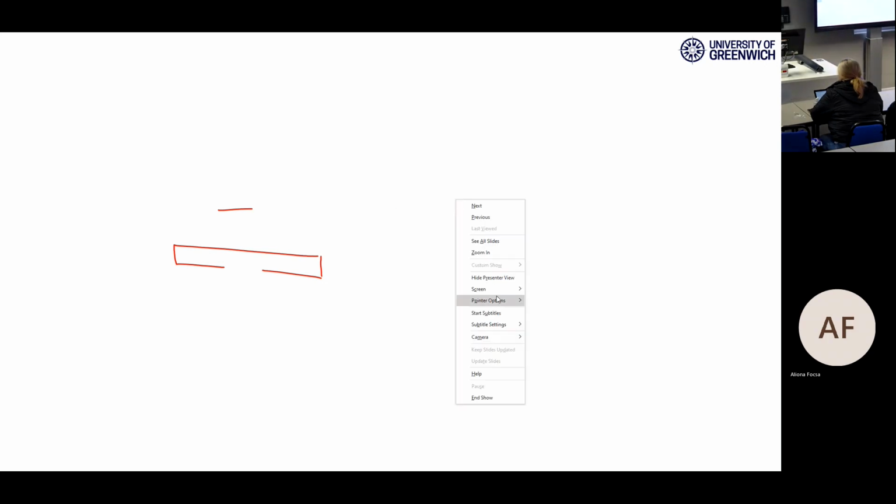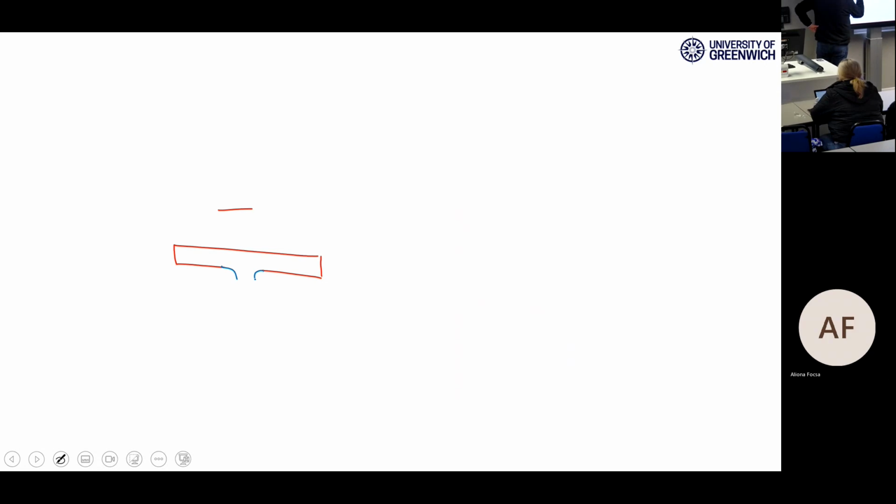This is the web, and this is the quarter of the circle, then the web. So a very smooth connection. And this is the R, the radius of that circle.